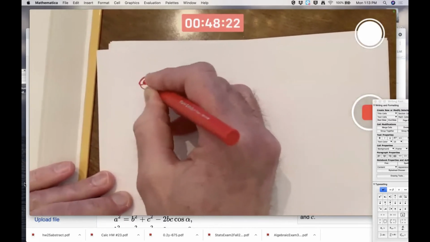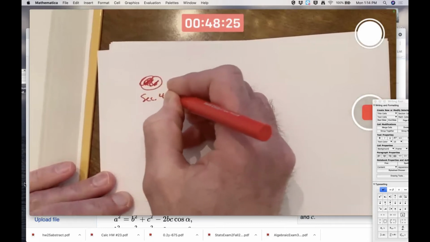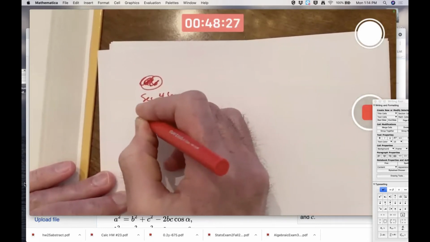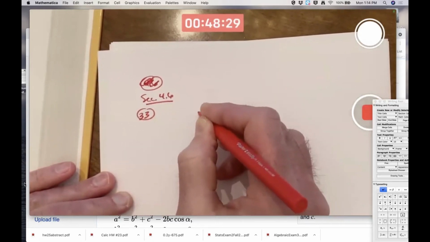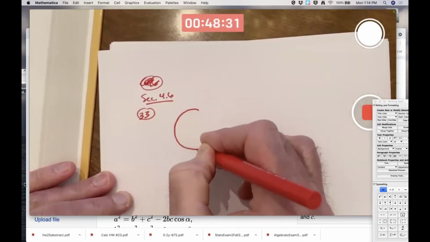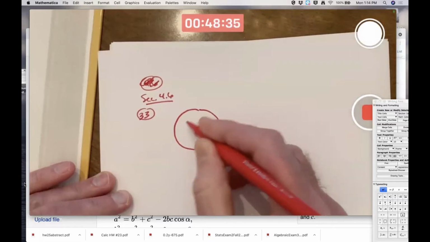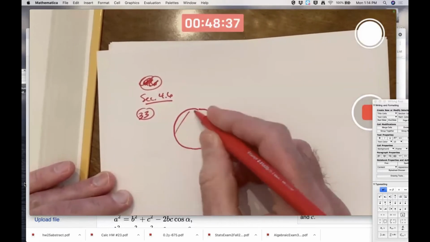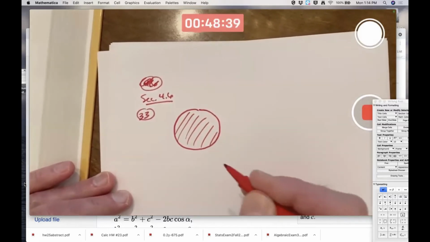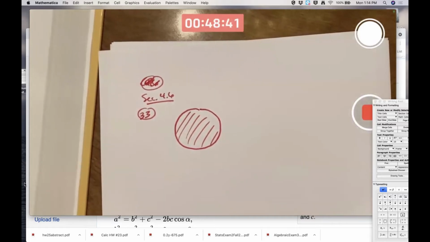This is section 4.6, number 33. It's circular. Pretend it's a perfect circle. So this is the oil. So it's expanding.